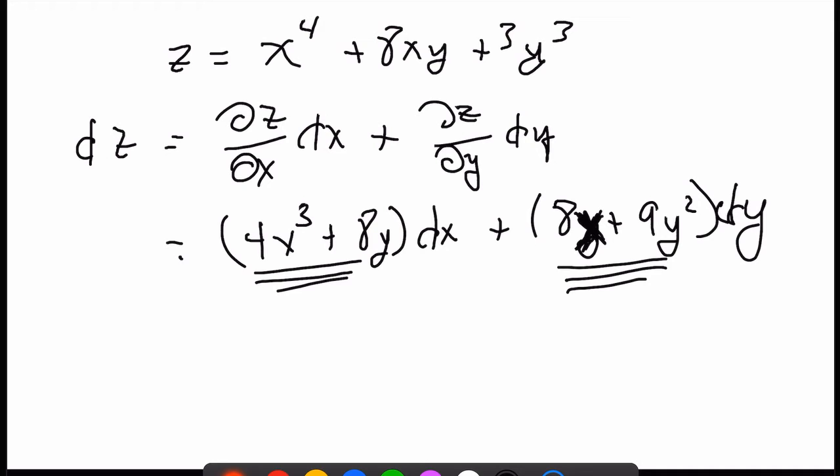If x changes, how z is affected depends on the values of both x and y. And if y changes, how z changes is a function of both the value of x and the value of y. Okay? So again, there's a story to tell and there's stuff to go do here.